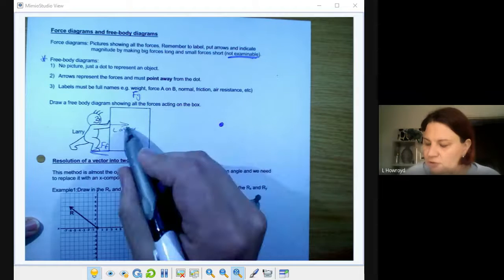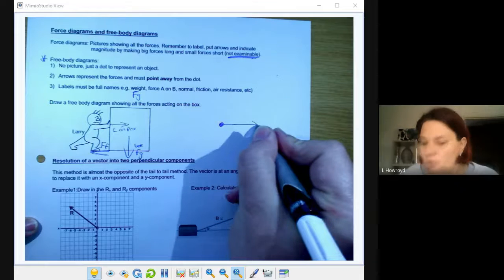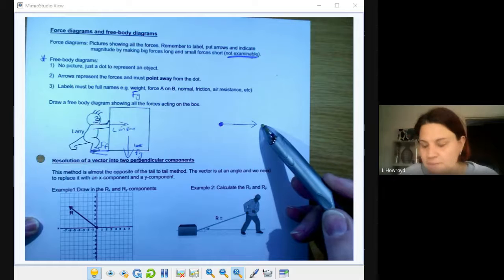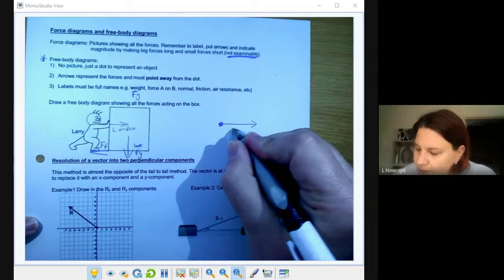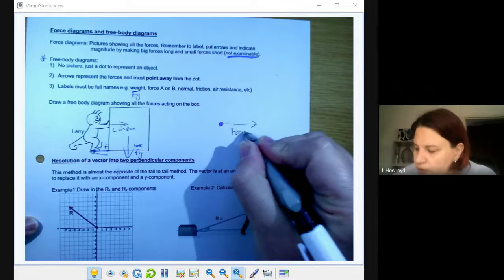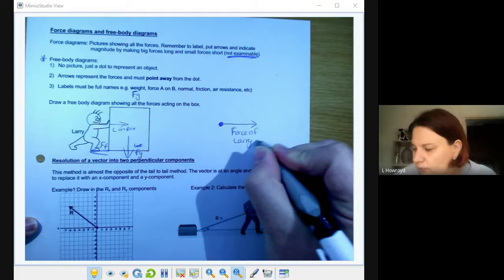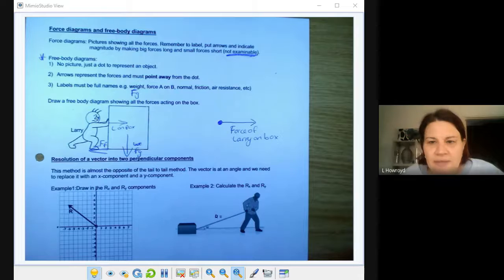If we're going to show Larry's force, we draw an arrow representing Larry's force from the dot, and we label it force of Larry on box. Can you see, girls, it's not enough to just say applied force here.